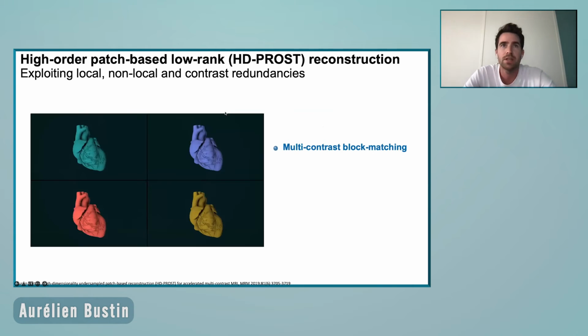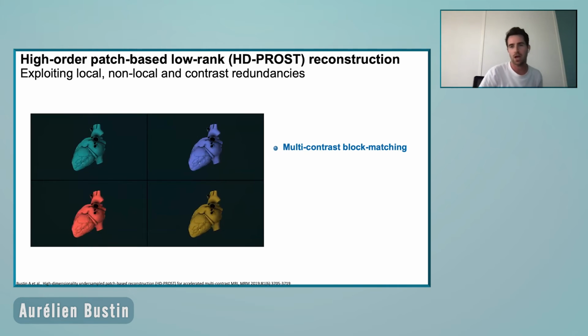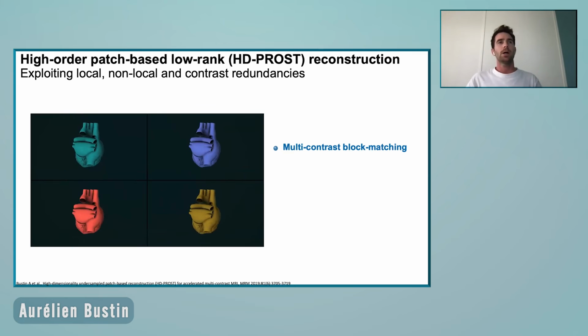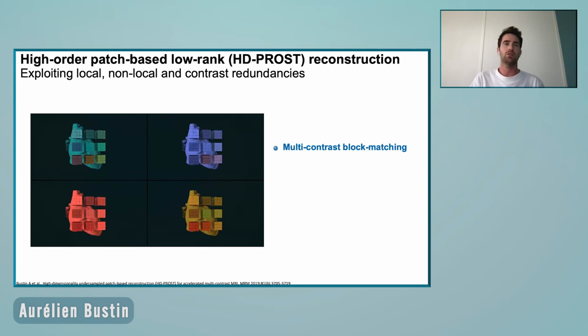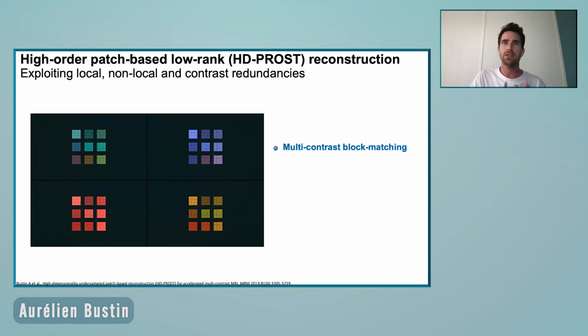And how do we do it in practice? I've compiled a couple of videos for you to show you how we do this patch selection and this hard thresholding. So I invite you to try that on your images. It could be 2D multi-contrast or 3D multi-contrast. And if you follow these videos, you'll have at the very end a very good and efficient denoising.